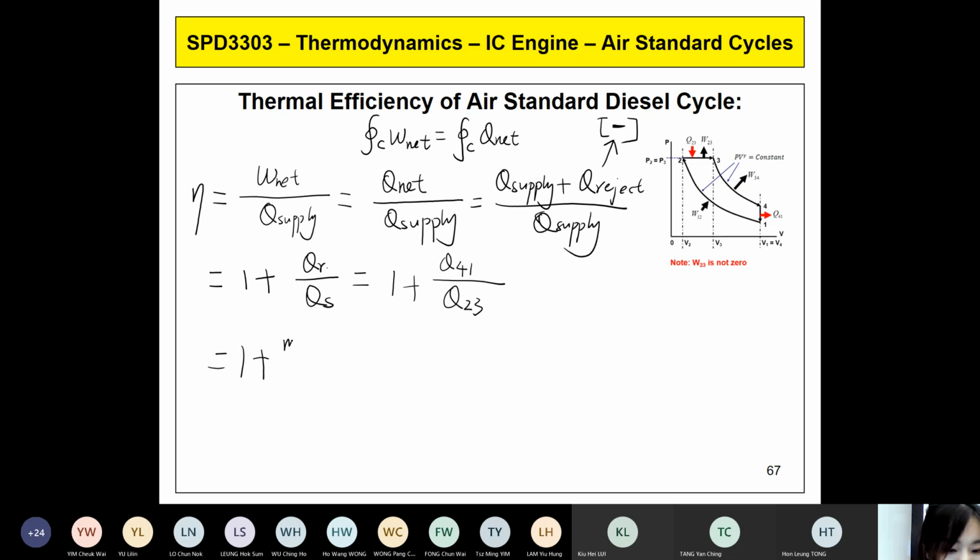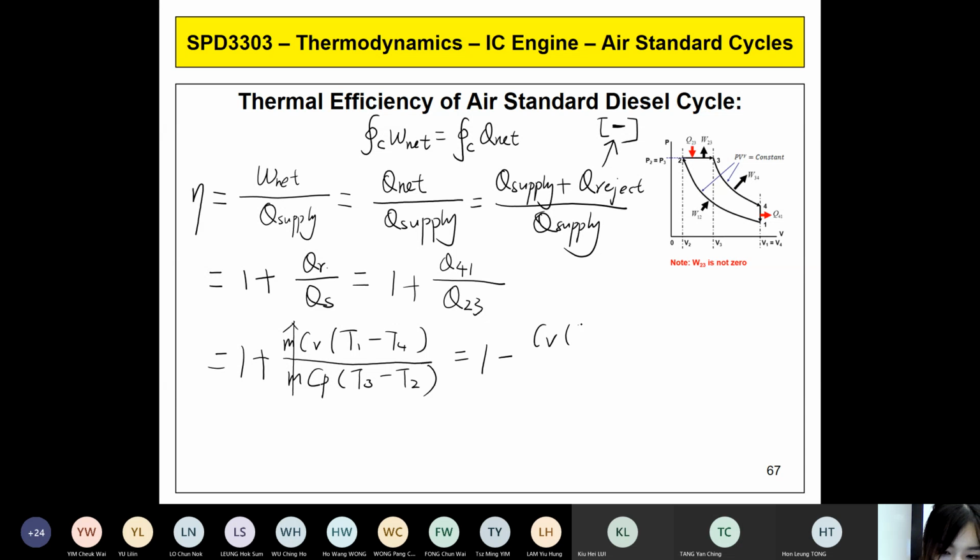So Q41 should be m C_V, the specific heat at constant volume. Yes, good. For this, it should be C_P. We can cancel this term and rearrange this equation.